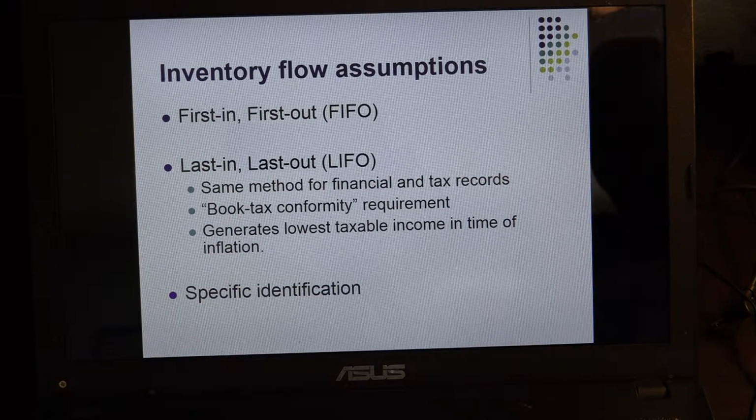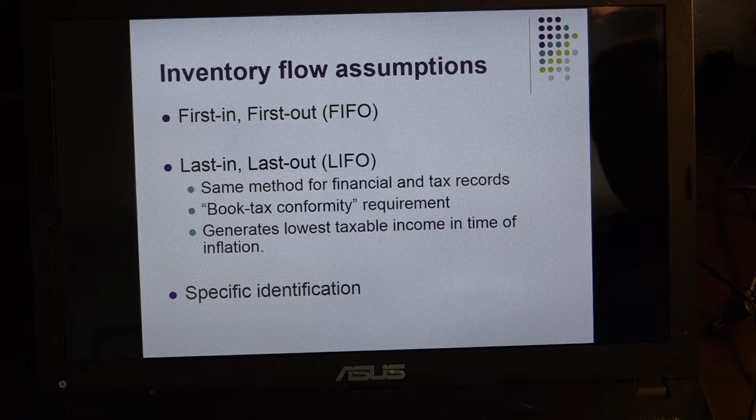If you are going to use LIFO for tax purposes, you have to use the same method for financial accounting purposes. That is what they call the book tax conformity requirement.